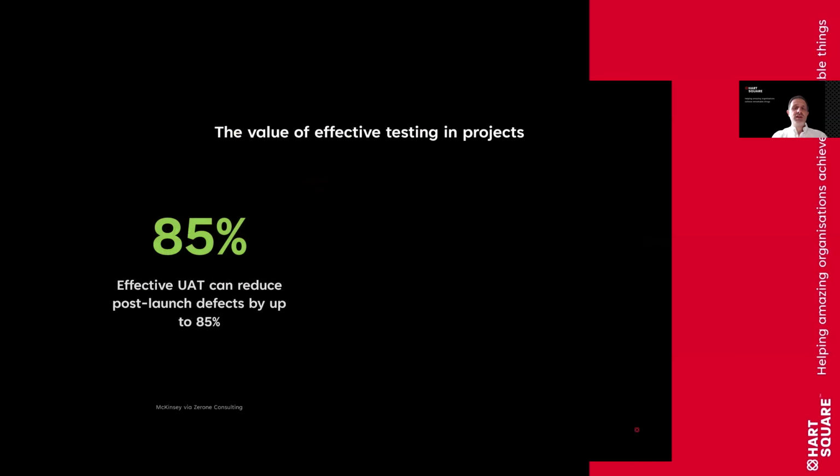In terms of some stats, just to help illustrate the importance of doing effective testing, 85% of a project really can be delivered successfully and reduce the number of post-launch defects by 85% if you've done a great degree of user acceptance testing. So that number doesn't seem as high.